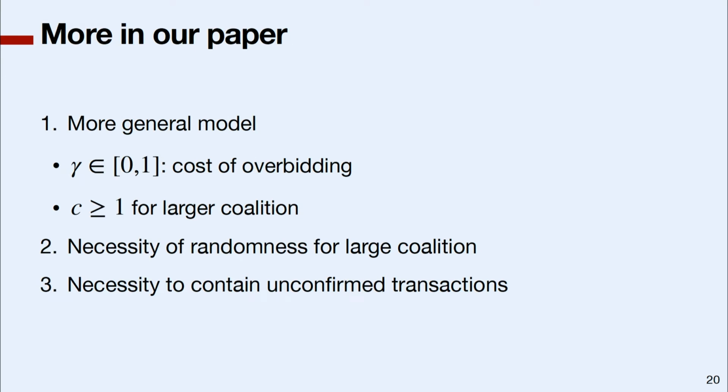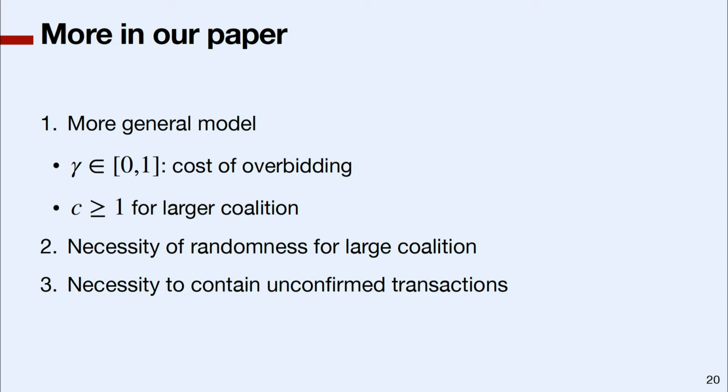Okay, due to the time constraints, let me quickly explain what's more in our paper. In our paper, we actually consider more general models. What I just said is that the coalition needs to pay the entire difference between the bid and the true value if you overbid. But maybe the adversary can learn from the historical data.